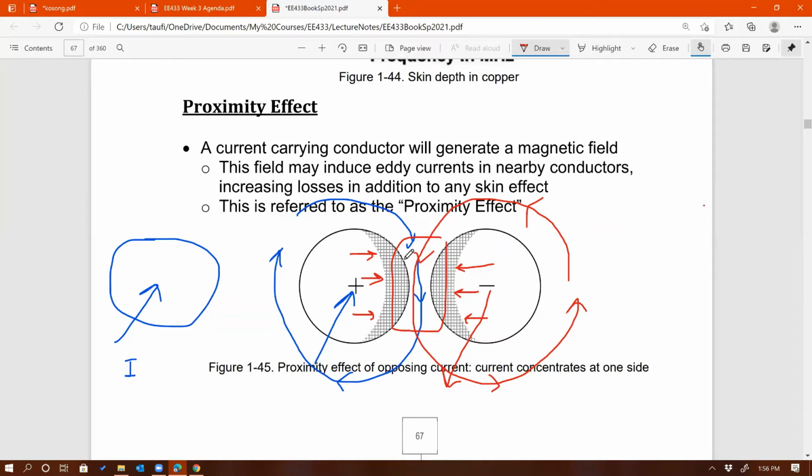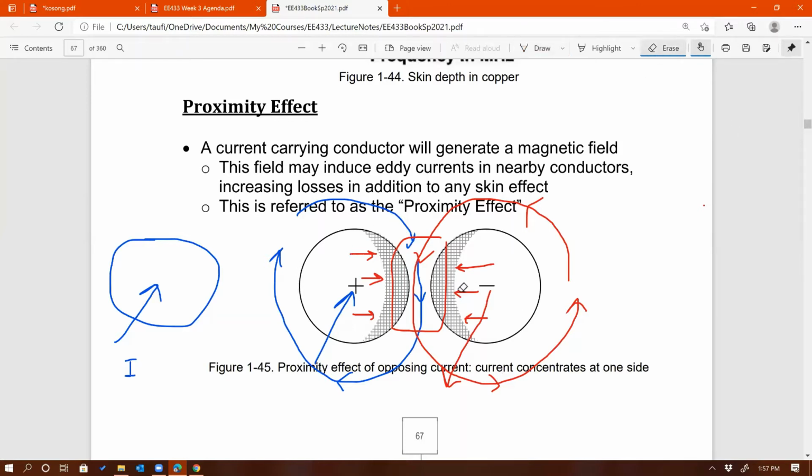So now the electrons are concentrated that way, in the shaded areas right there. That's where the electrons will be concentrated more than the rest of the cross-sectional area.